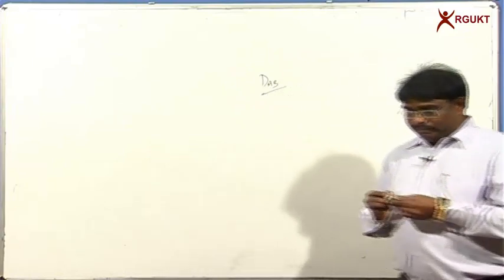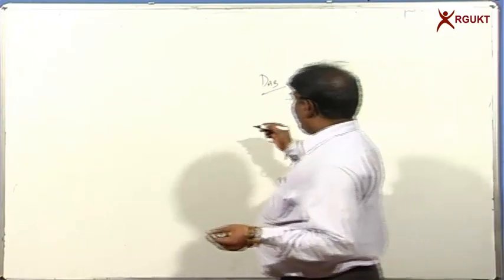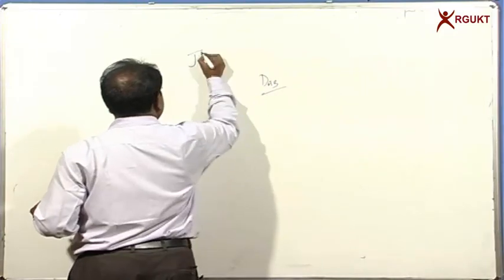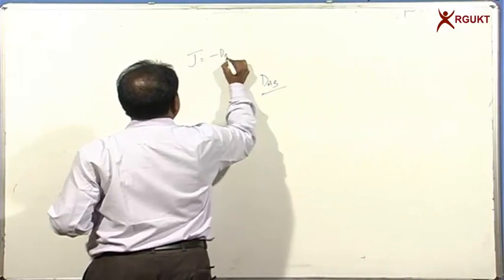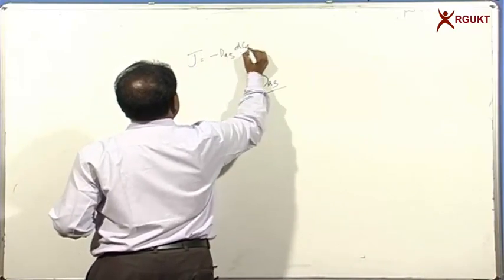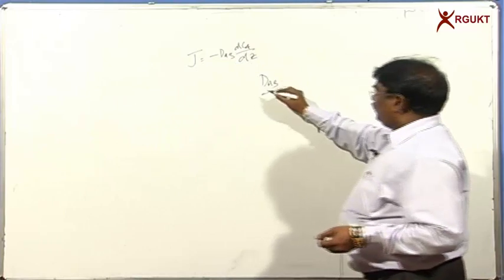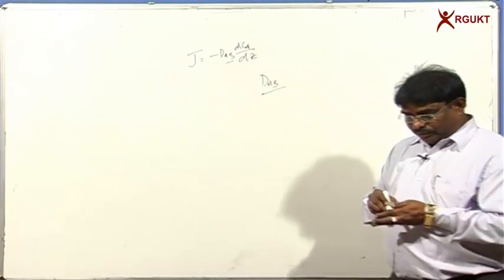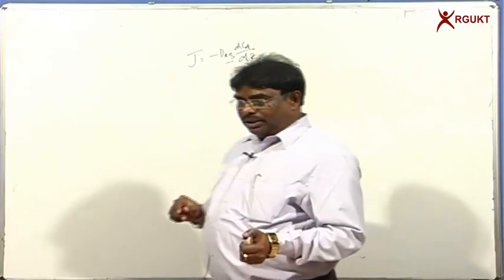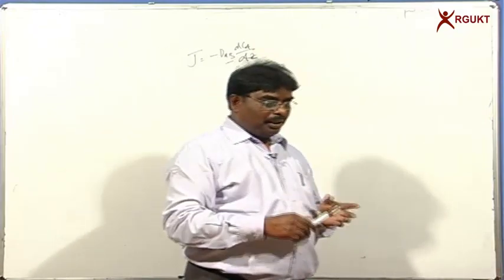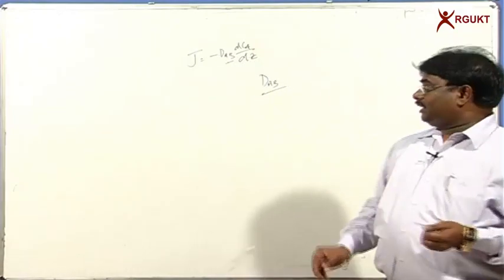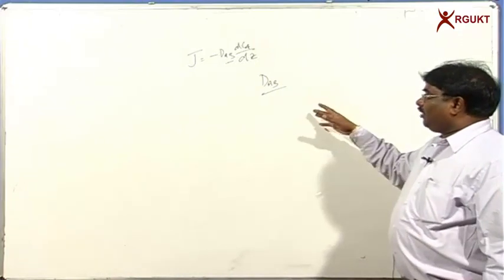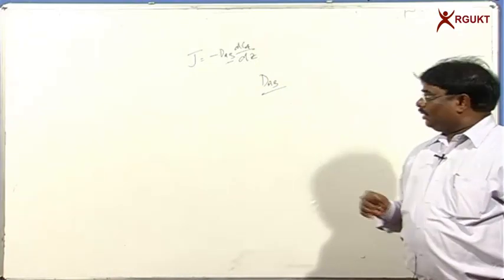The diffusivity is designated as DAB, where J is equal to minus DAB into dCA by dZ. This diffusivity is the most important property for the estimation of the molar flux or the mass flux.